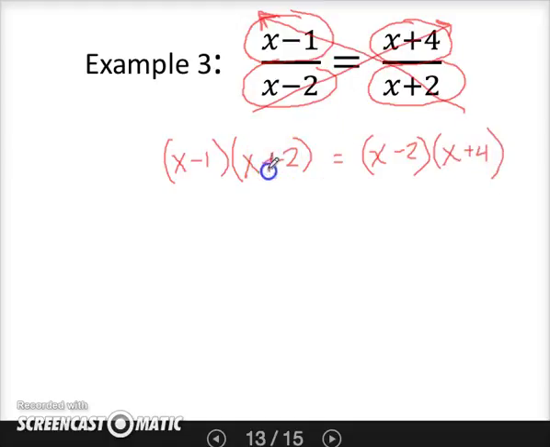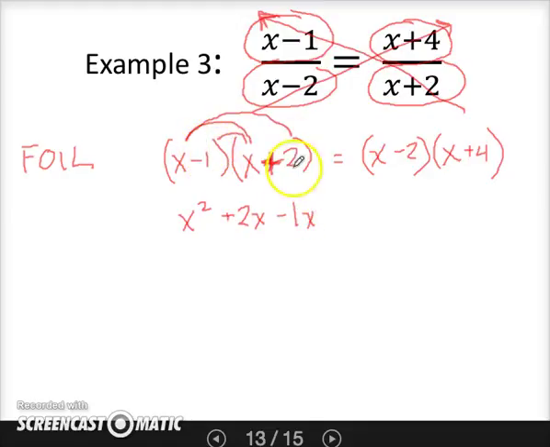Okay, you might have been taught a method for simplifying an expression like this. Remember the FOIL method? So we're going to multiply the first terms. X times x is the same as x squared. The outer terms, so plus 2x. The inner terms, minus 1x.